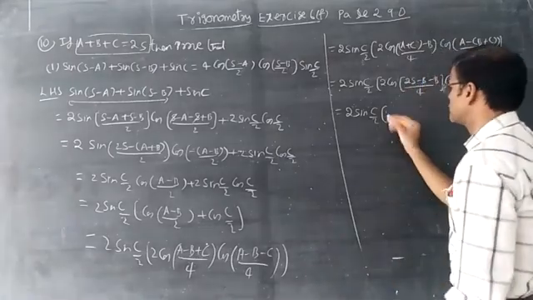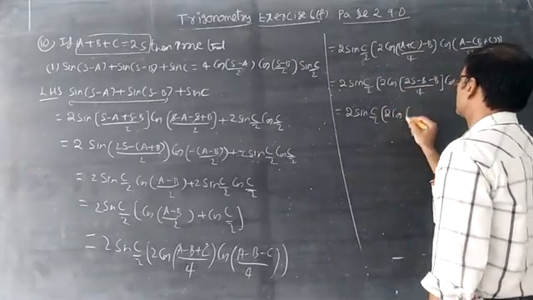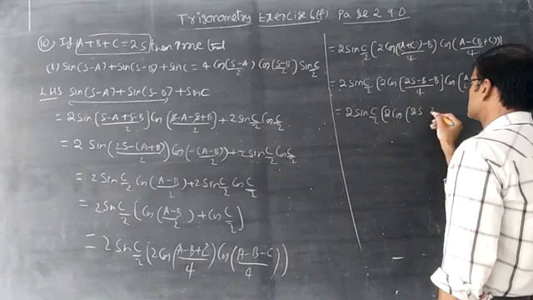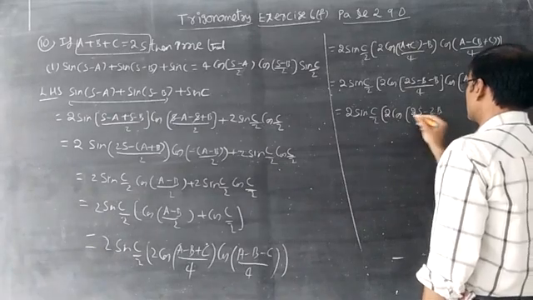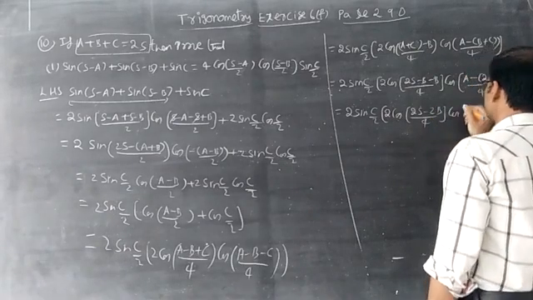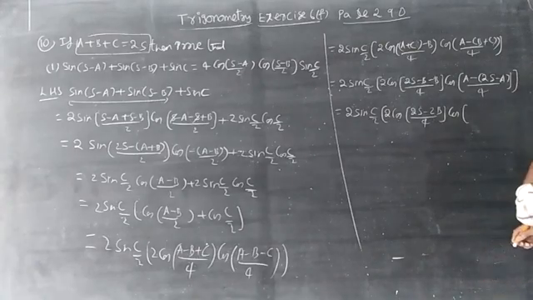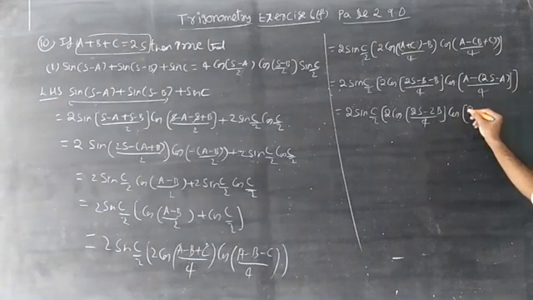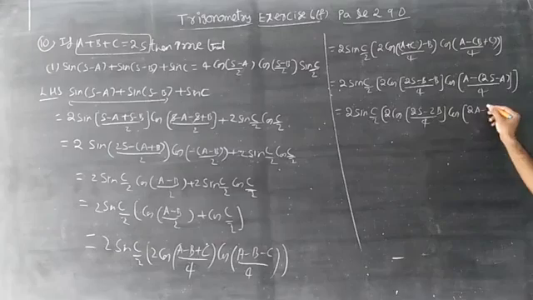That is equal to 2 sin C by 2 into 2 cos of (2s − 2B) by 4 into cos of, now you can understand A − 2s + A, so (2A − 2s) by 4.